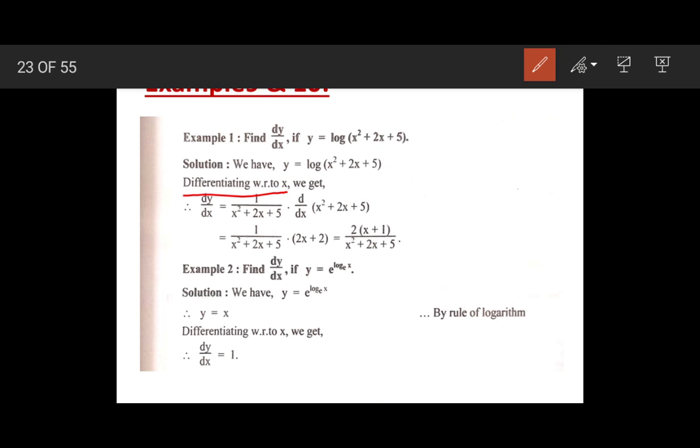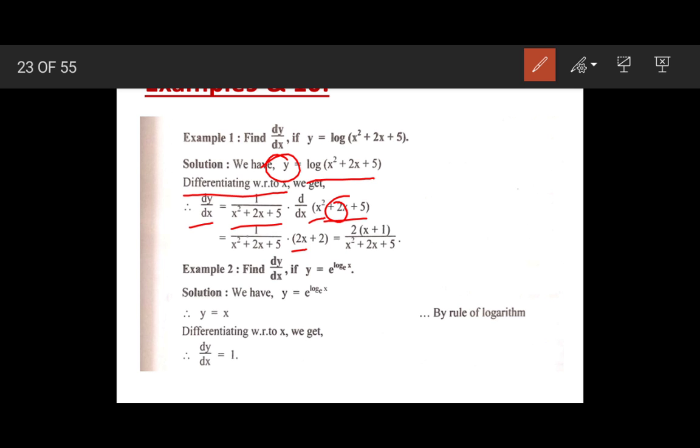Differentiating with respect to x, the derivative of y will be dy upon dx. The derivative of log of x square plus 2x plus 5 is 1 upon x square plus 2x plus 5 into the derivative of x square plus 2x plus 5. Now the derivative of x square is 2x.